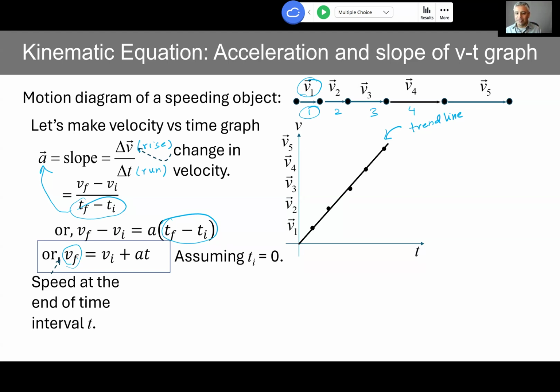And this is initial velocity, meaning at the beginning of observation, at 0 time, when we start our stopwatch, for example. And this is acceleration, and this is time interval, of course.